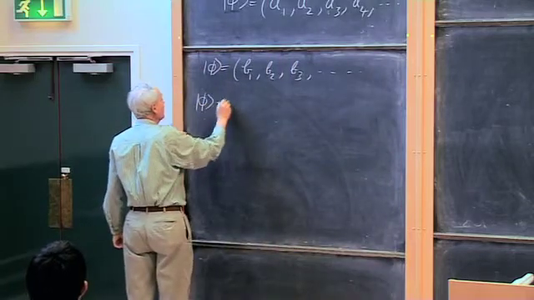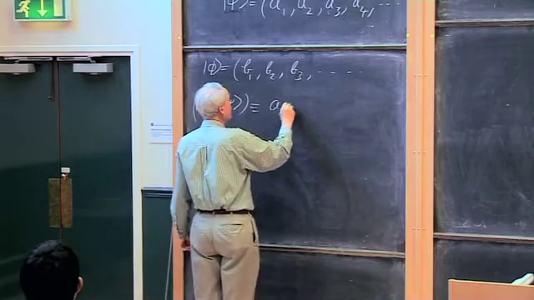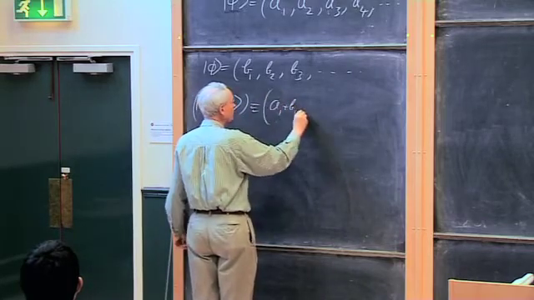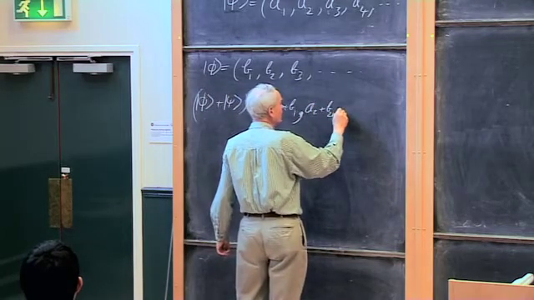We know what this object is. It is A1 plus B1, comma, A2 plus B2, comma, and so on.